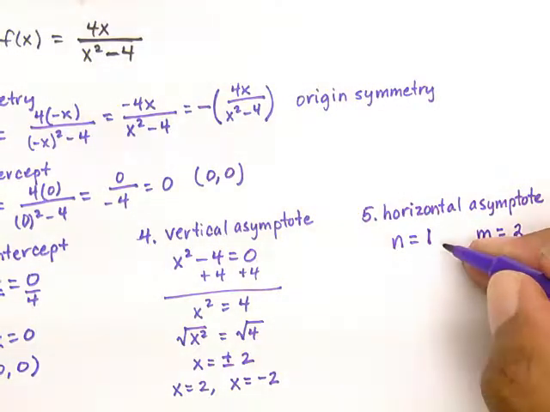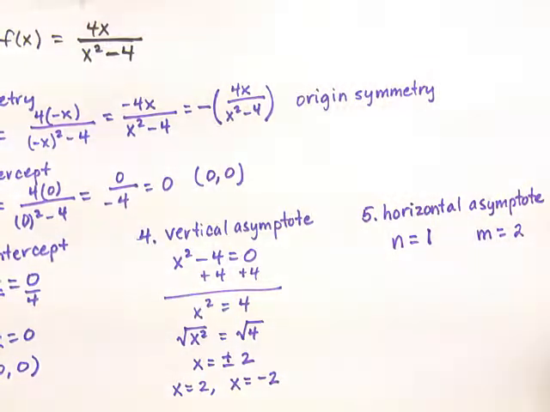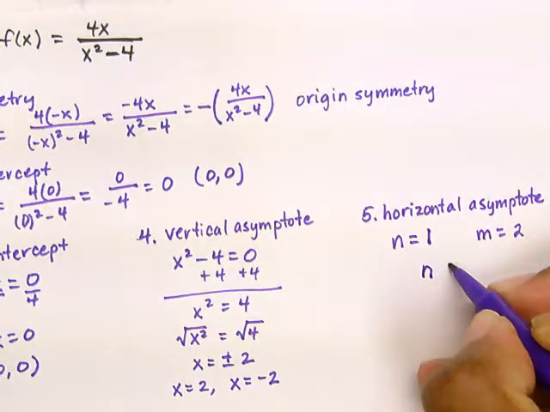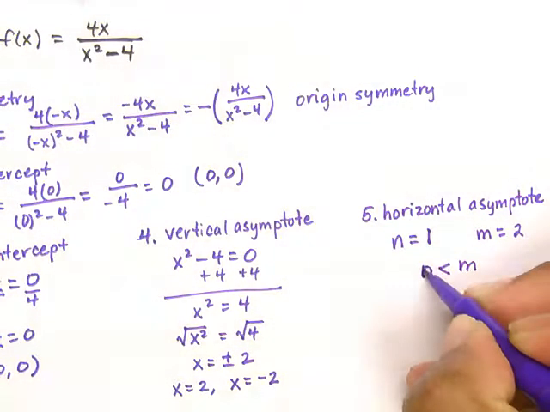Now you're going to compare n and m to determine whether or not you have a horizontal asymptote and what that horizontal asymptote would be. Well, here 1 is less than 2. So that means n is less than m.